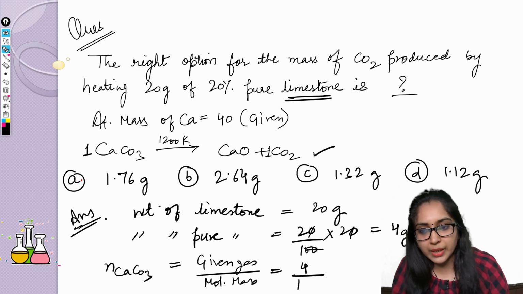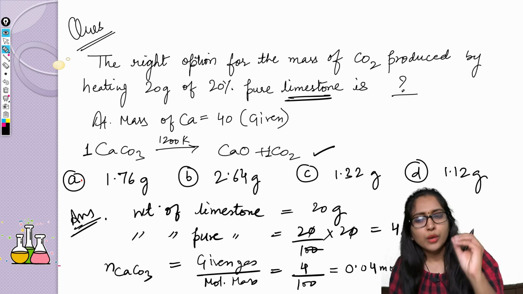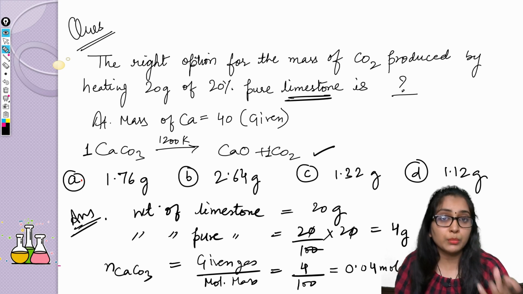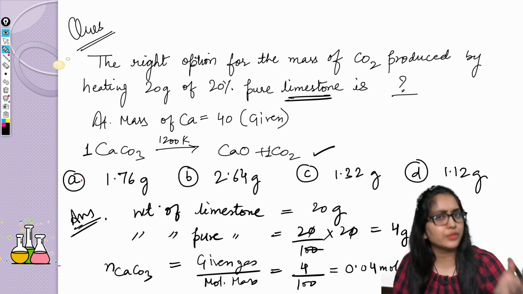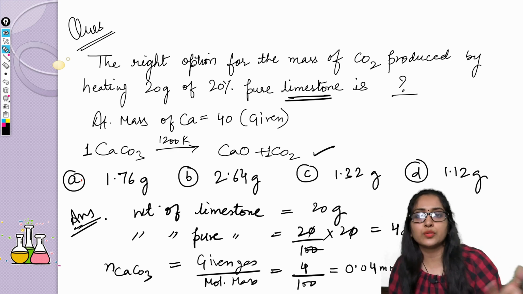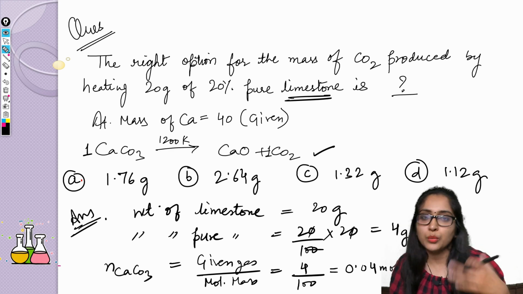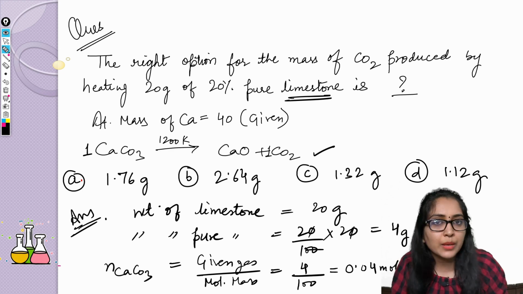So 4 divided by 100 gives 0.04 mole. You have calculated the pure amount of calcium carbonate in terms of moles. Now 1 mole of calcium carbonate gives 1 mole of carbon dioxide, so 0.04 mole will give 0.04 mole of carbon dioxide.